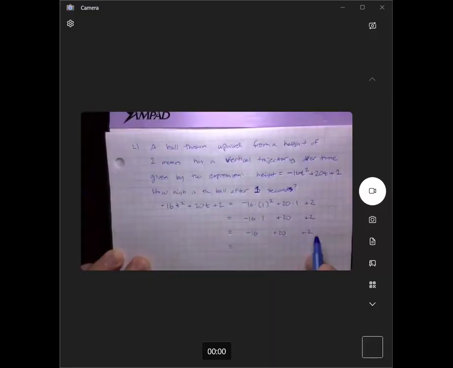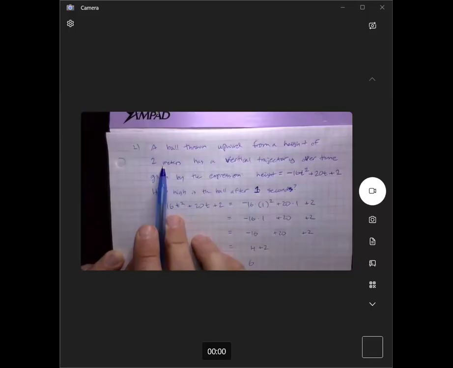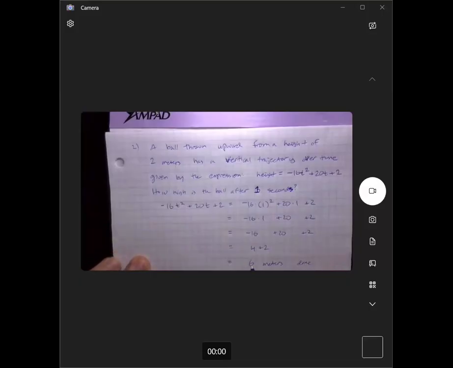So we have 4 plus 2, which is 6. And we're given meters as our units, so it's going to be 6 meters high. So if you throw a ball upward from a height of 2 meters and its height can be given by this function, then after 1 second, that ball is 6 meters high.